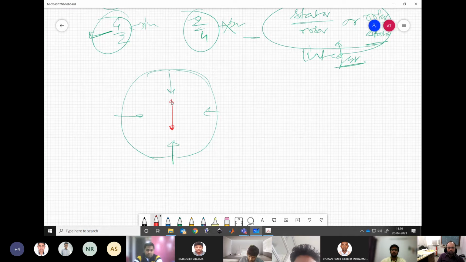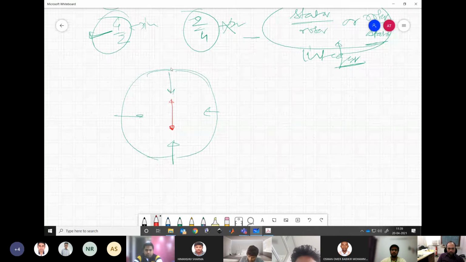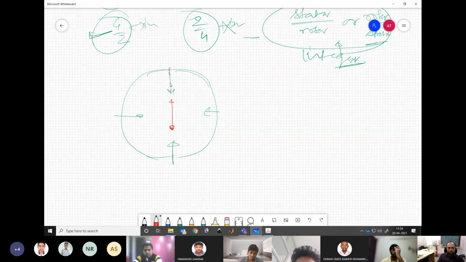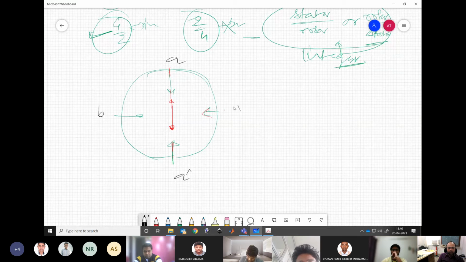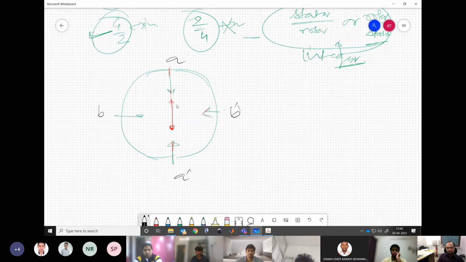Now in this position there is a tendency that if by mistake the coil is excited for a little longer time and it gets stuck in this position, there is no means that you can bring it back to this other phase side. Let's say this is A dash, B dash. Without mechanical or manual interference, you cannot bring it back to a working condition. So this is called lockout.